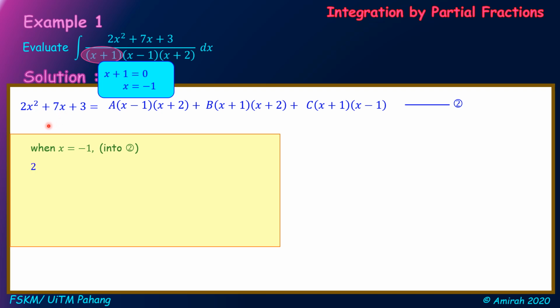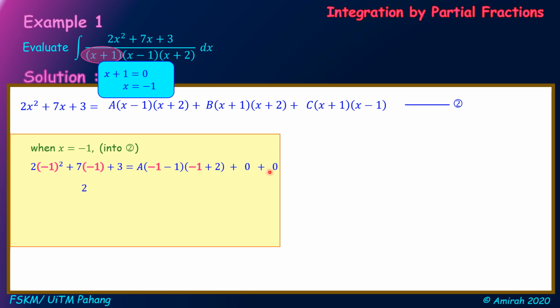We have 2 times negative 1 squared plus 7 times negative 1 plus 3 equals a times negative 1 minus 1 times negative 1 plus 2, and then plus, when we substitute x equals negative 1 into the other terms, we get 0, because we set x plus 1 equals to 0. So all terms containing the factor x plus 1 will equal 0.